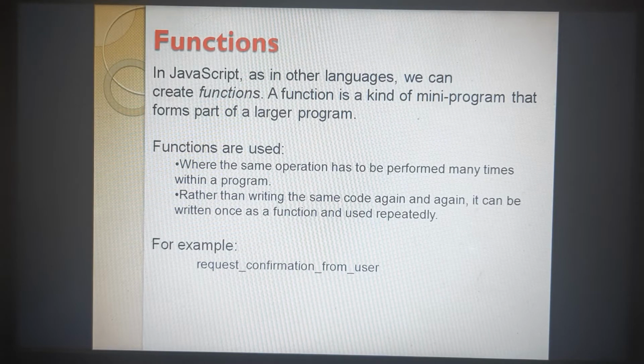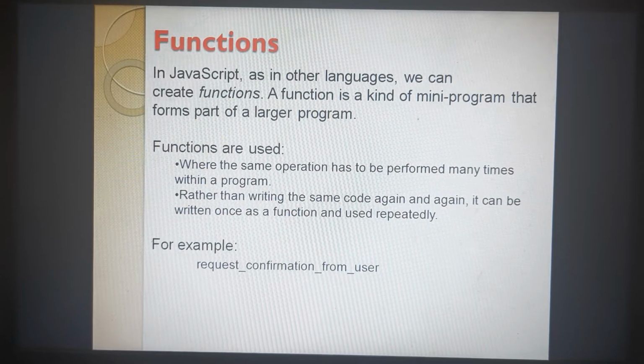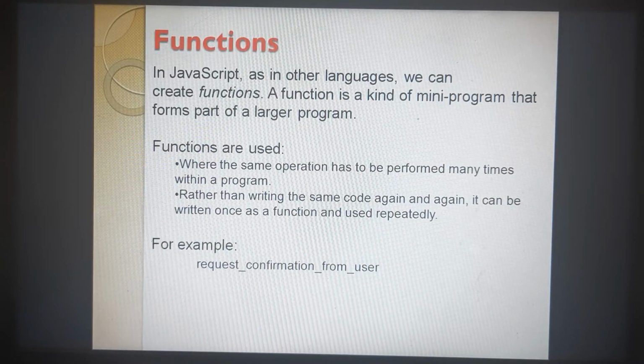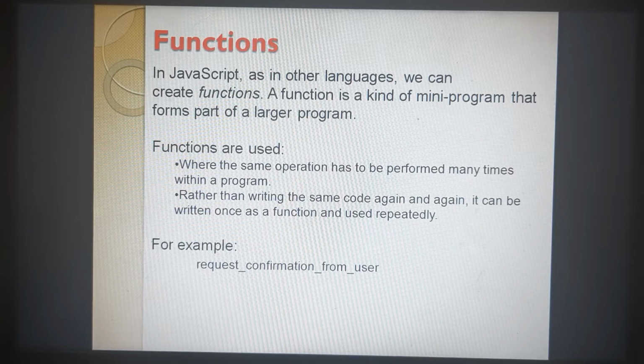For example, a request confirmation from the user. This function can be used by all users. It is not written for a particular user. A number of users can confirm the same page, and the same piece of code, or mini program, can be executed by all the users.